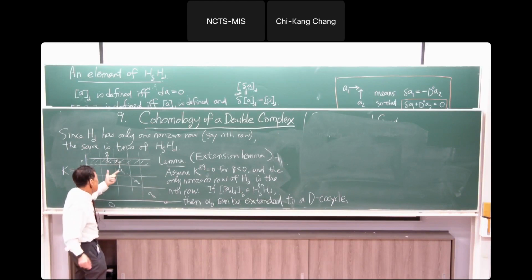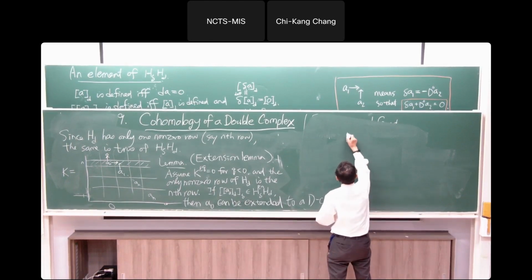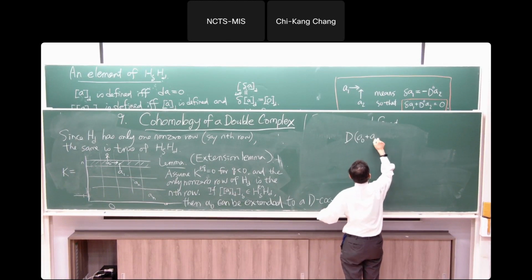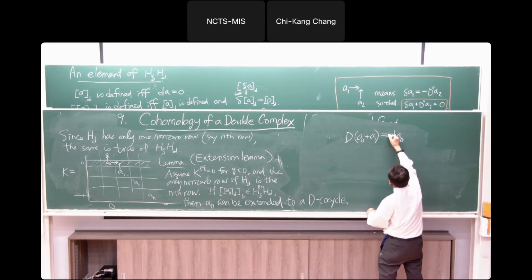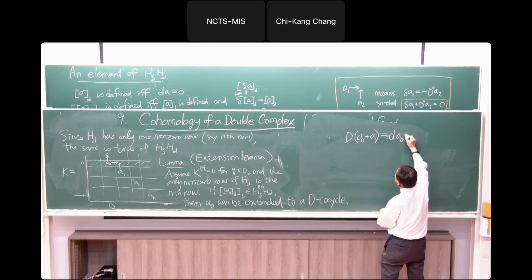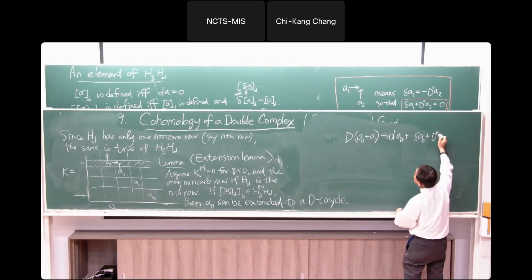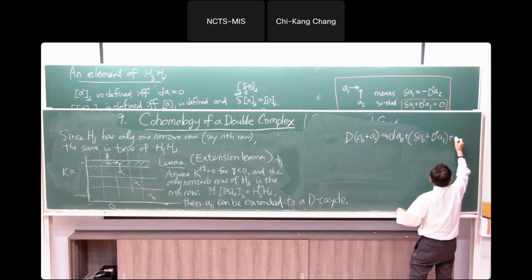But it may not be a D cocycle, because when you take d of A0 plus A1, you get dA0, maybe with the sign, plus delta A0, plus d double prime A1, plus delta A1.